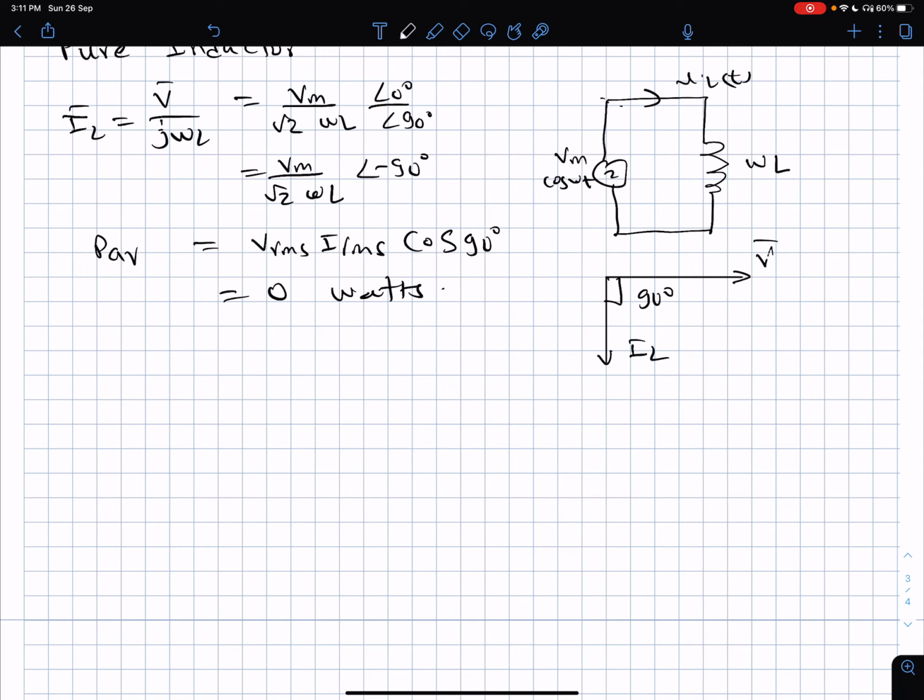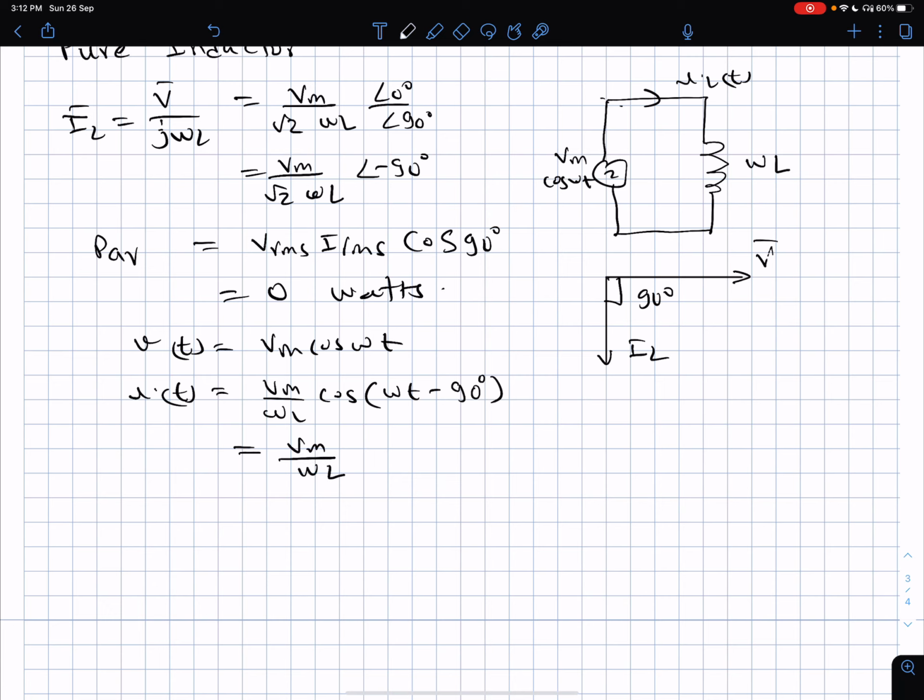v of t is Vm cos of omega t. i of t is Vm by omega L cos of omega t minus 90 degrees, which is the same as Vm by omega L sine of omega t. Is that correct?